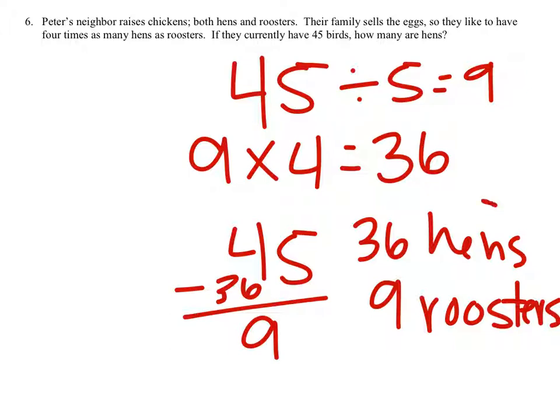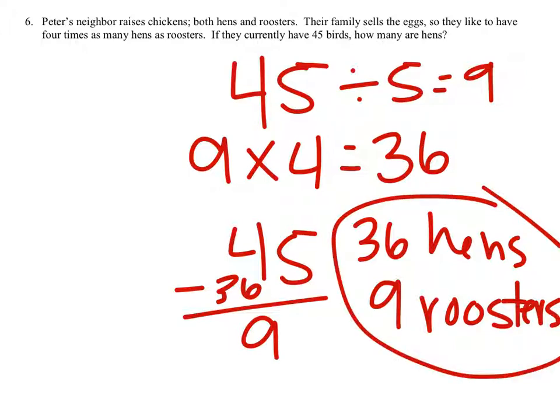Why'd you divide by 5? Because it said they have 4 times as many hens as roosters, so if... Oh, makes sense.